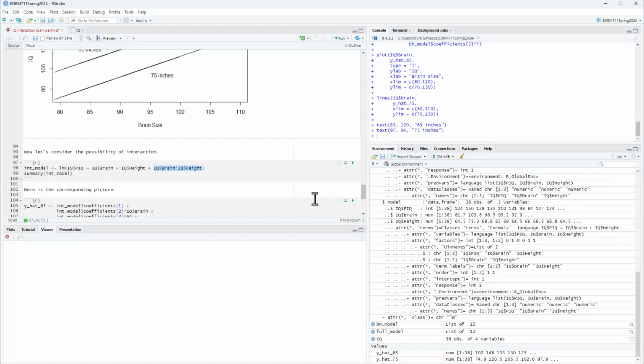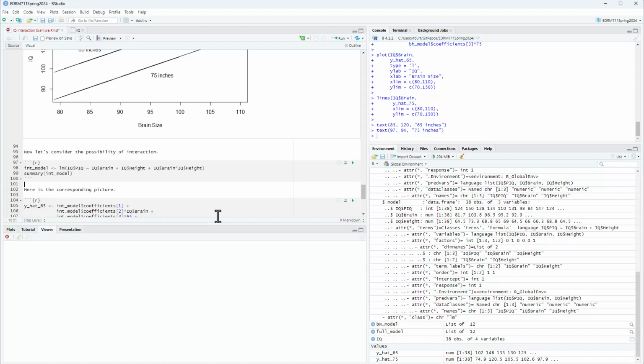What I've done is taken brain and height and created what we call a cross product. That is, I simply multiply them together. Now, brain will still be in the model, and height will still be in the model, and I highly advise that you always include brain and height in the model when you look at interaction.